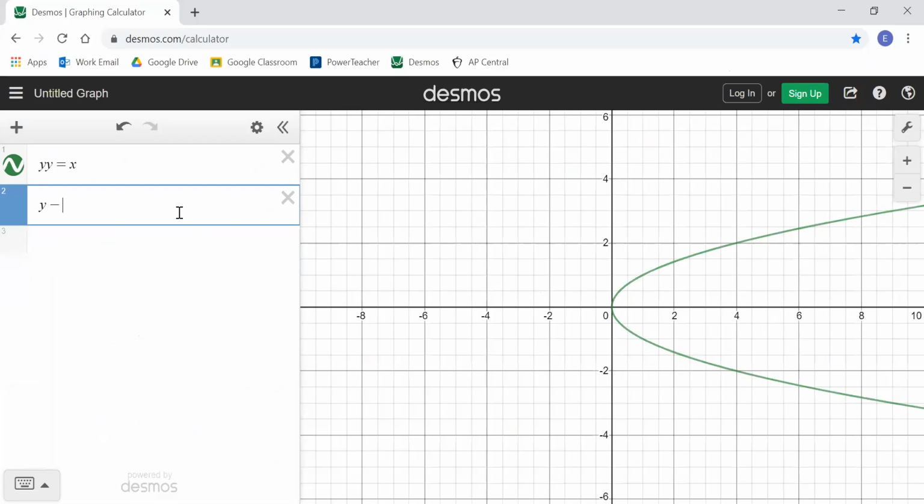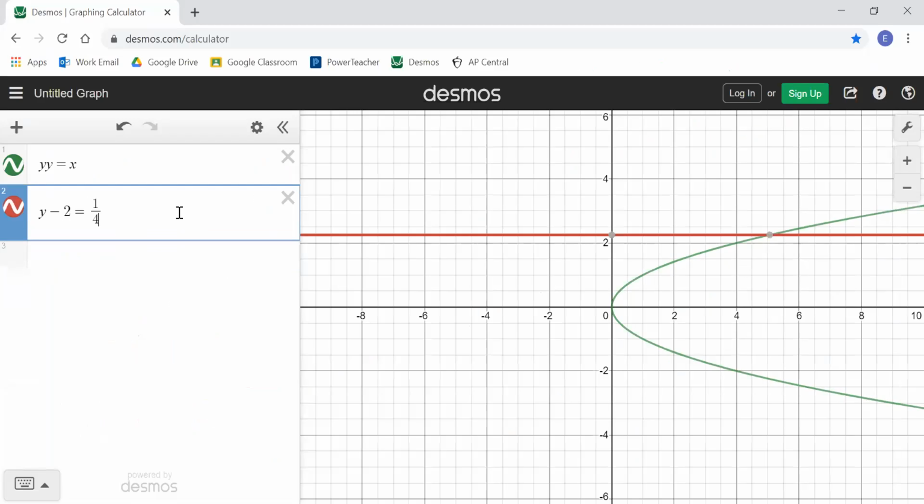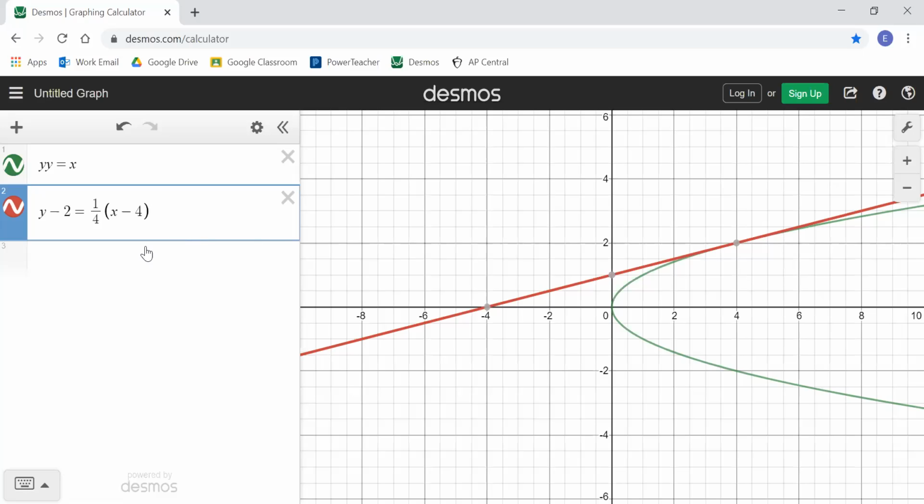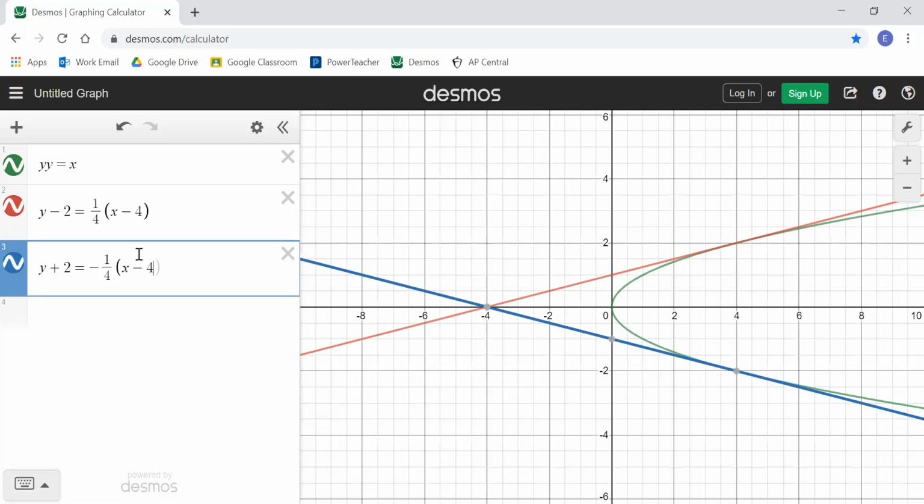So if I do y minus 2 equals 1/4 times x minus 4, that gives us the tangent line up here. And if we do y plus 2 equals -1/4 times x minus 4, that ought to give us the tangent line down here at 4, -2.